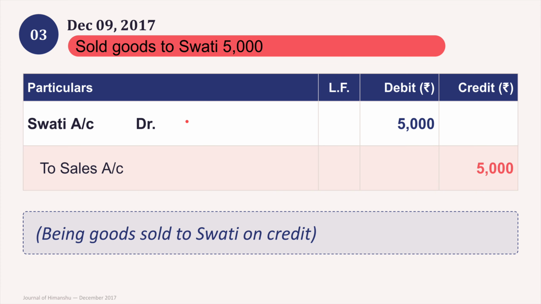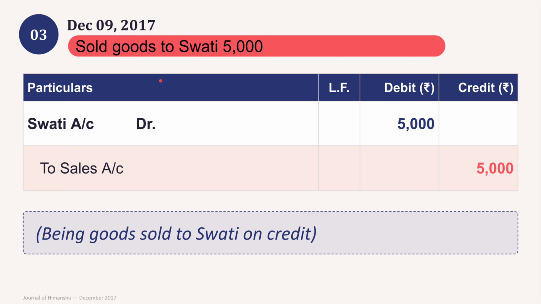Next transaction number 3, December 9th 2017 it is happening. Goods sold to Swati 5,000. So the name of the buyer is given, which means it is a credit sale. Okay, so we will debit the debtor. So once I do a credit sale, the person who buys from me becomes a debtor.